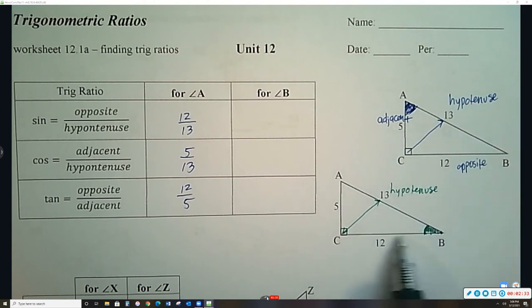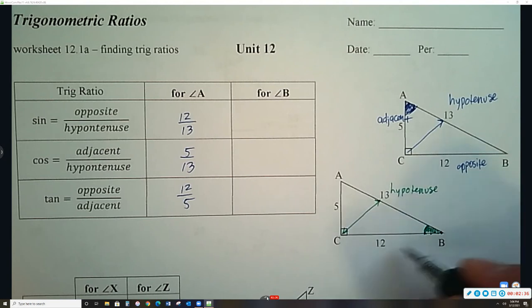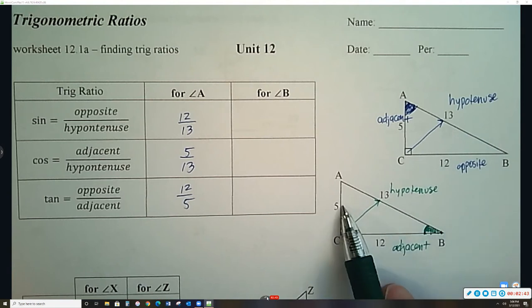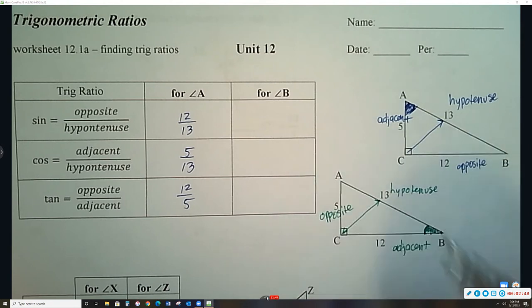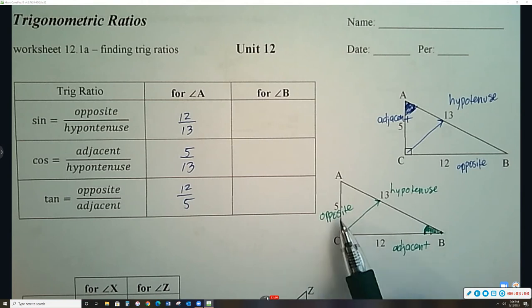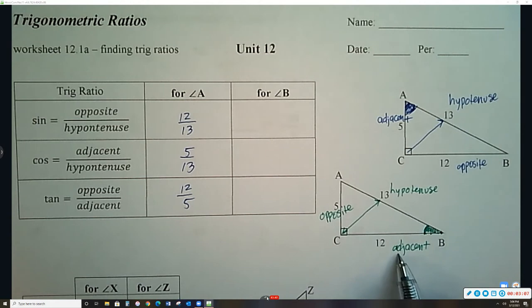But now the 12 is next to B. So the 12 is the adjacent side, and 5 is across B. So 5 is the opposite side, or the opposite leg. If you call this adjacent side or adjacent leg, I'm not going to flip out about it. These are technically the legs of the right triangle, but I keep calling it opposite side or opposite leg. The main thing is you know it's the opposite, and this one you know is the adjacent.